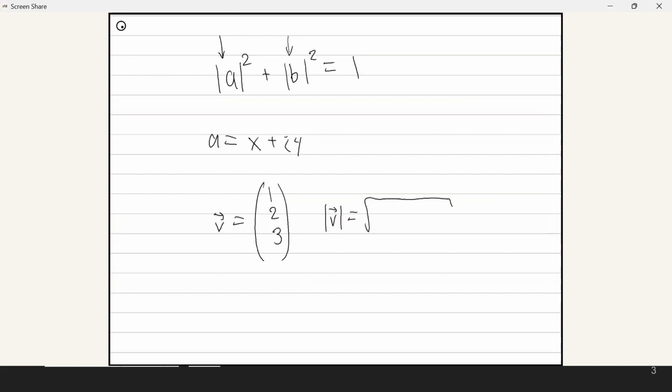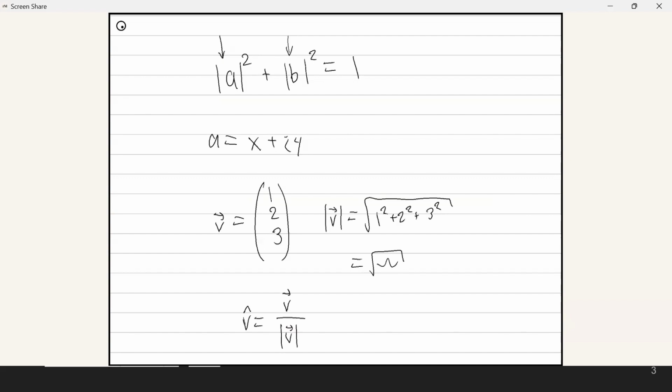So you take the magnitude, you get 1 squared plus 2 squared plus 3 squared, equals something. Then your normalized vector would be v hat, and you just do v divided by that magnitude. It's just a unit vector.